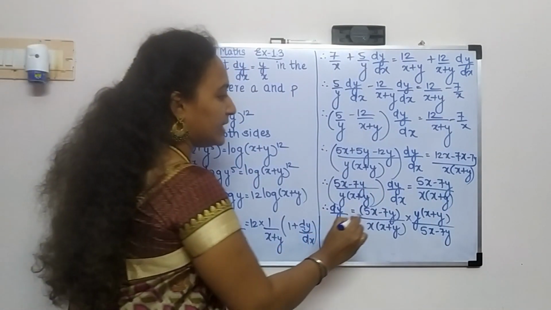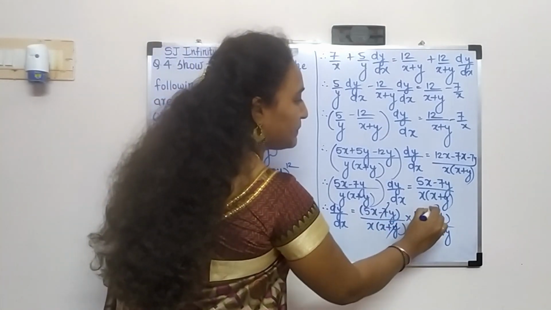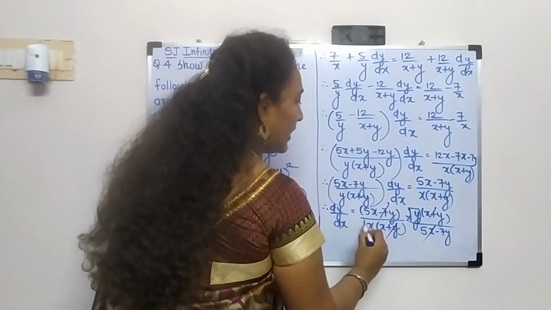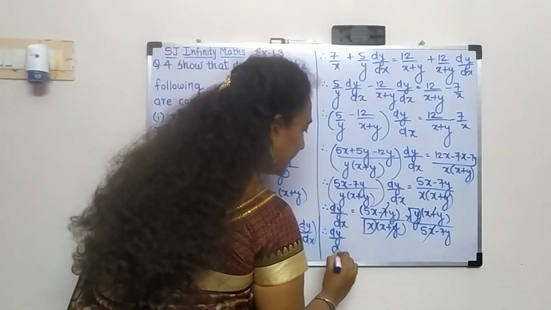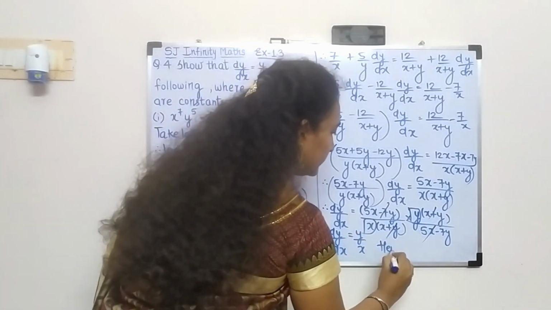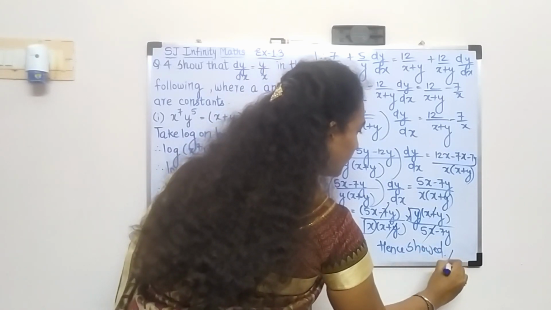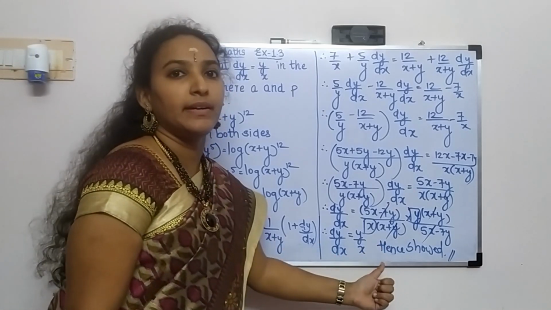Hence, 5x minus 7y gets cancelled with each other. x plus y gets cancelled with each other. So, we are left with only y and x. Therefore, dy by dx is equal to y upon x. Hence proved. Here we have completed our answer.